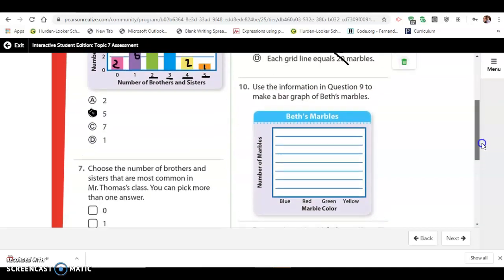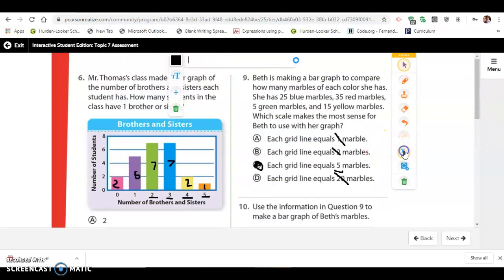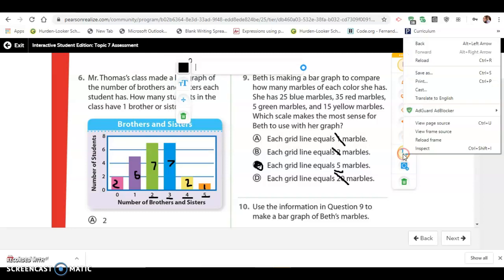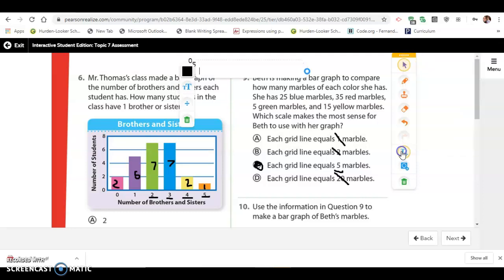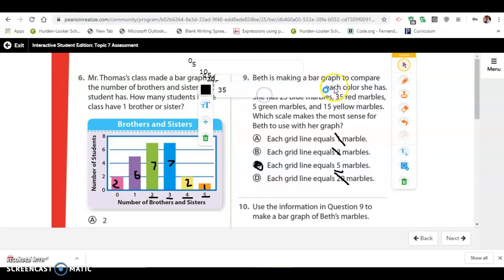So we are going to use the text and do 0, 5, 10, 15, 20, 25, 30, 35. And we might need more. So let's see.